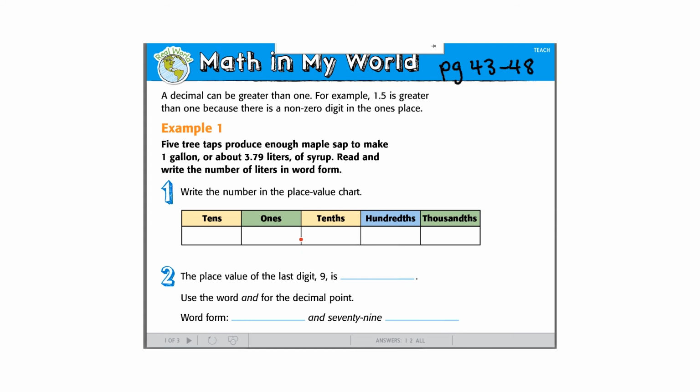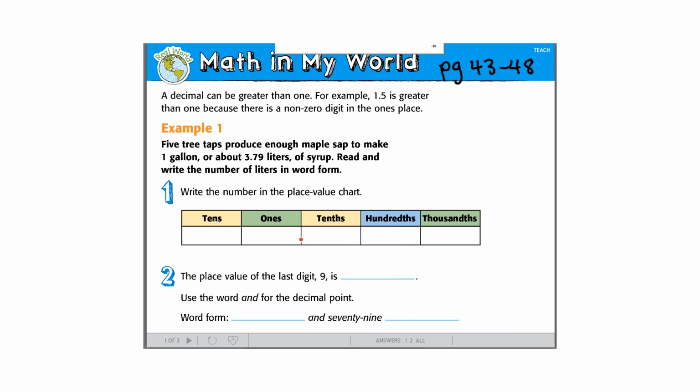And because you have that extra 5/10, that really is equal to like 1 1/2. 5/10 is half, so that would be 1 1/2. Okay, so when you have a number in the ones place, and then you have a decimal on the right-hand side of the decimal point, that shows you that the number is greater than 1. It's not just equal to 1, but it's equal to more than 1.